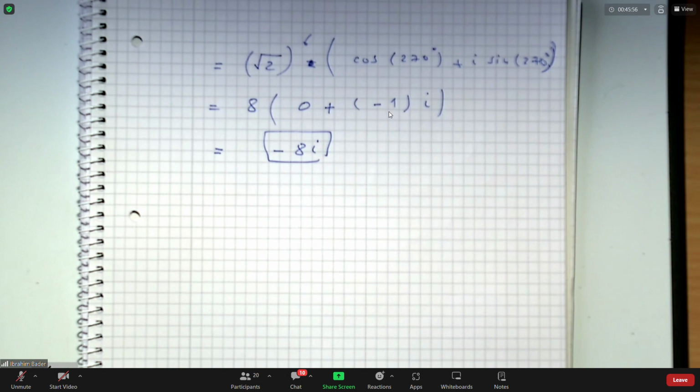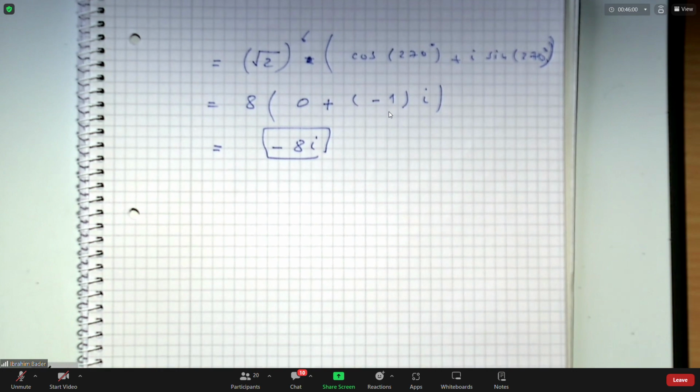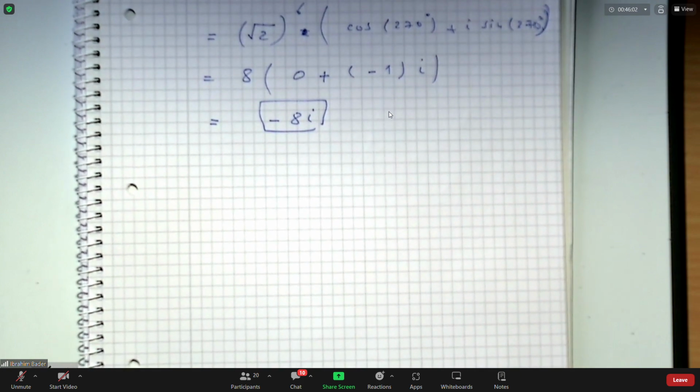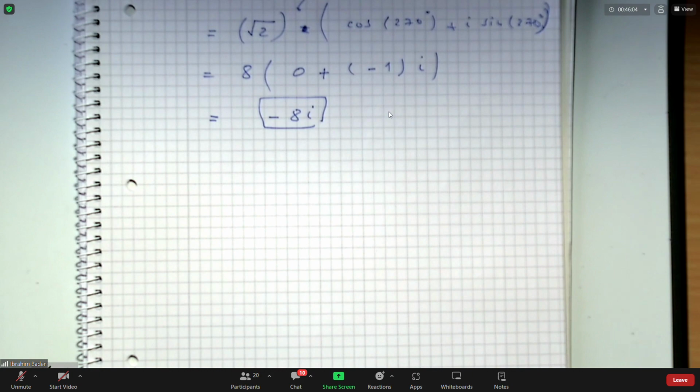Whenever you are asked to evaluate a power of a complex number, two steps. First of all, if it's given in standard form, you just transfer it into the polar form, and then you apply de Moivre's theorem to get the answer, and then you are there.